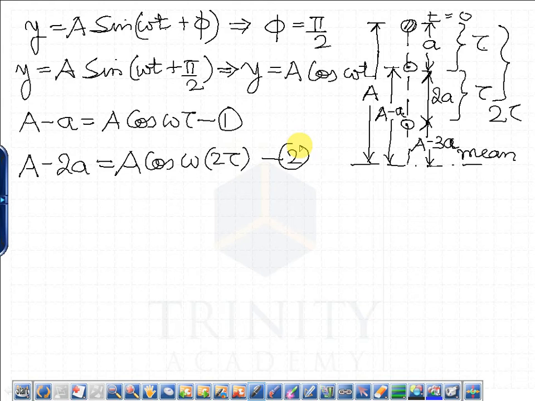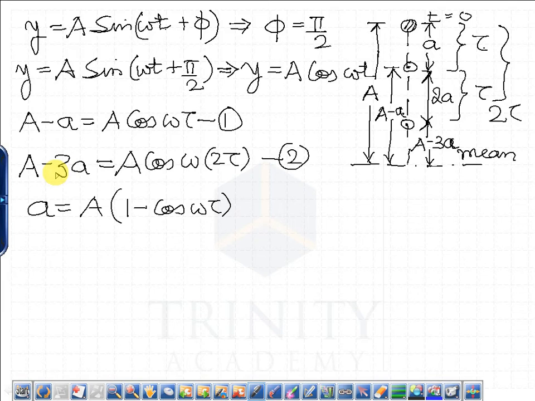So let us arrange the equation. From the first equation, a must be equal to a taken common, 1 minus cos omega tau. Similarly, sorry, here I have committed a mistake. It should be a minus 3a.